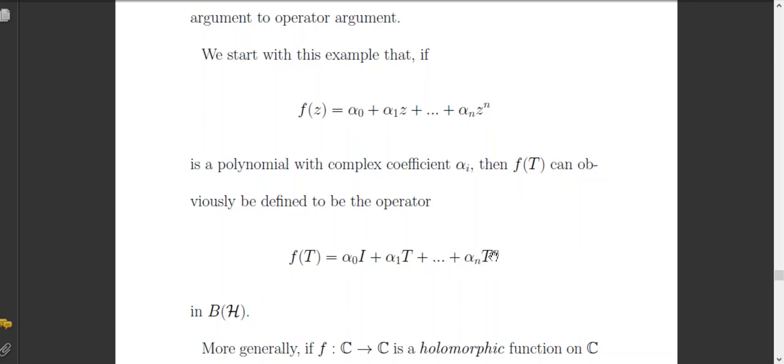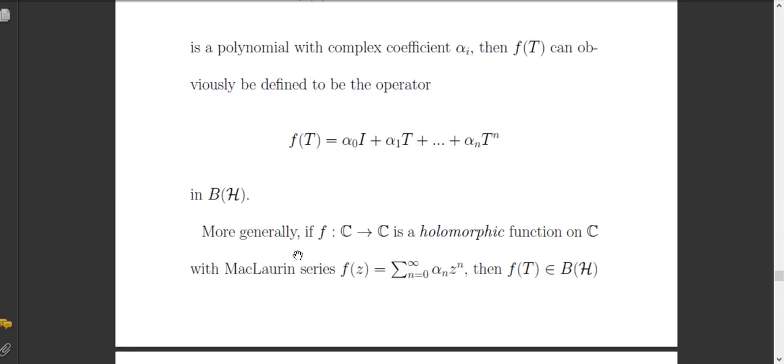T^n means the product of T with itself n times, it means composition. So you agree with me, each one is an operator, so this makes sense, right? The sum of these n plus 1 operators definitely is an operator. So you can see f of T in this case makes sense.